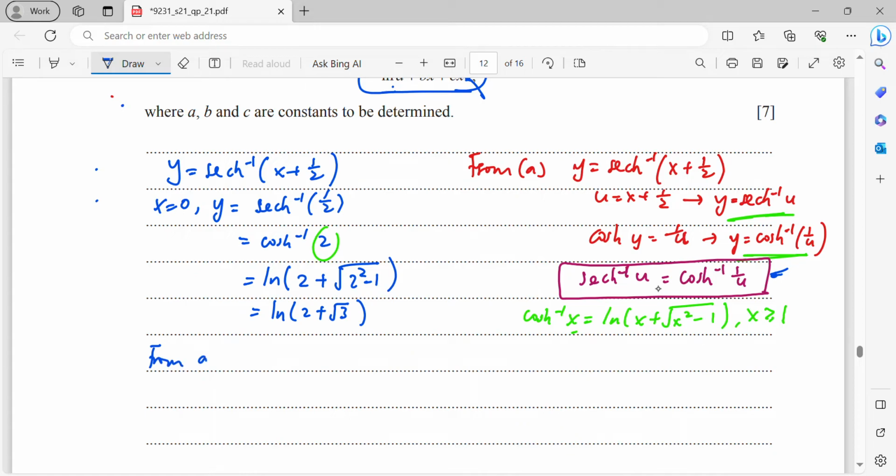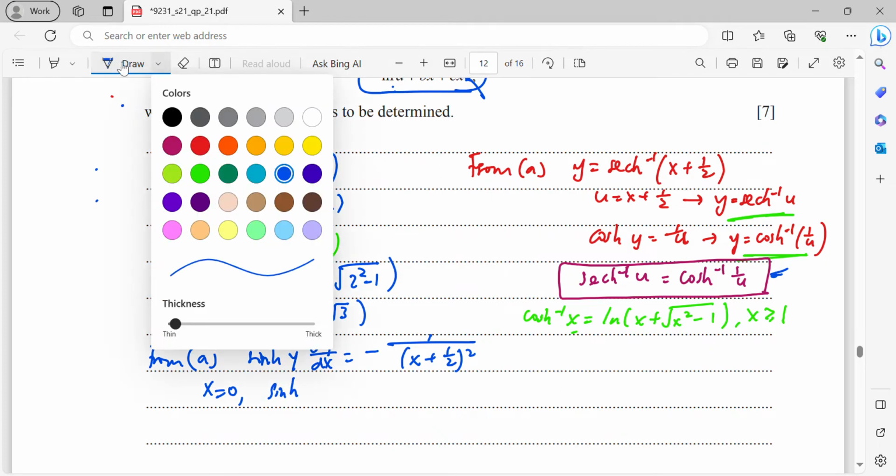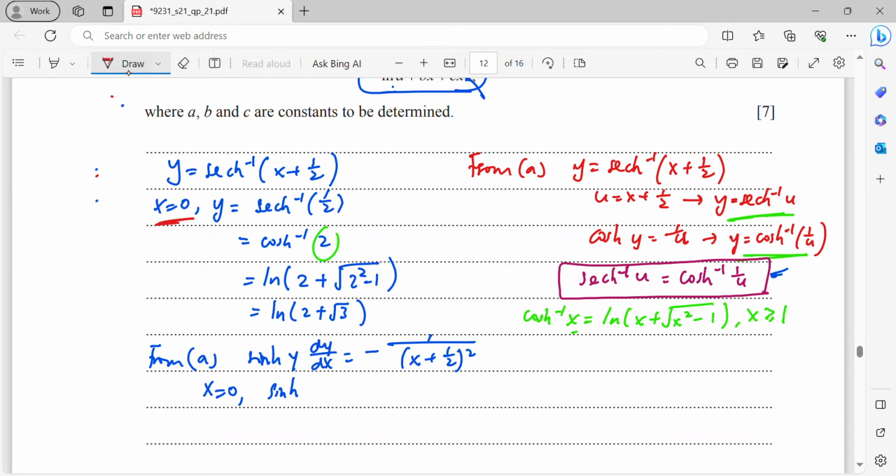So from here, sine y dy dx equals negative 1 over x plus half squared. So when x equals 0, right? So sine y, I already found my y just now. Look at here, when x is 0, this is my y.